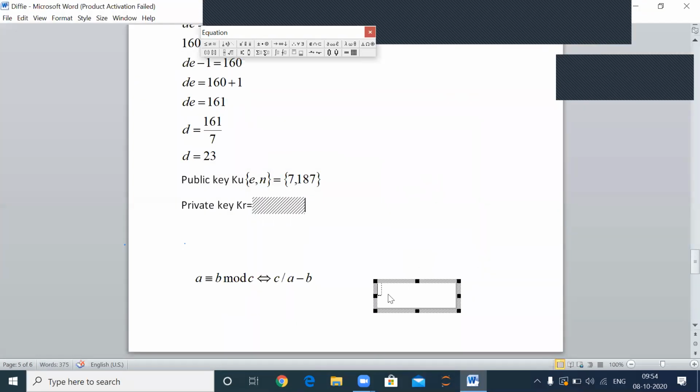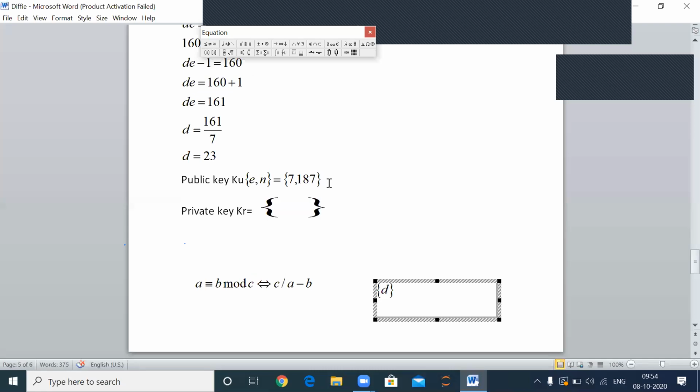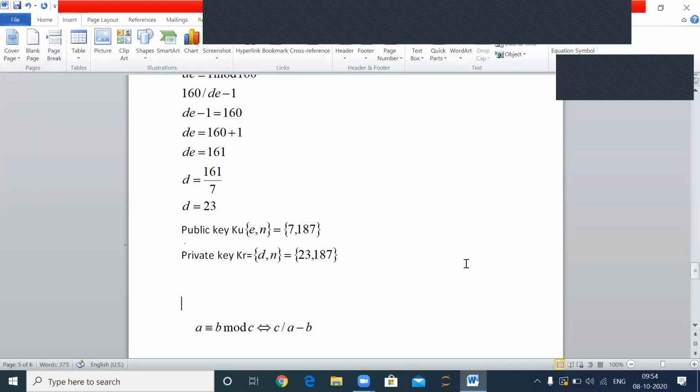What is d? 23, comma n. n is 187. This is the public key and the private key.